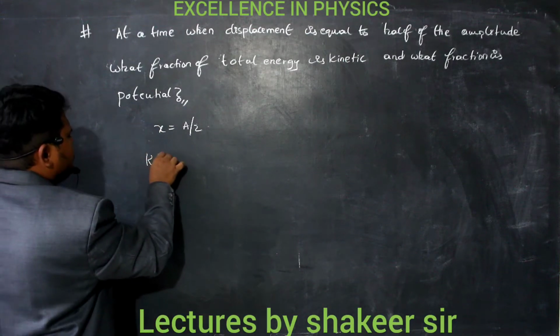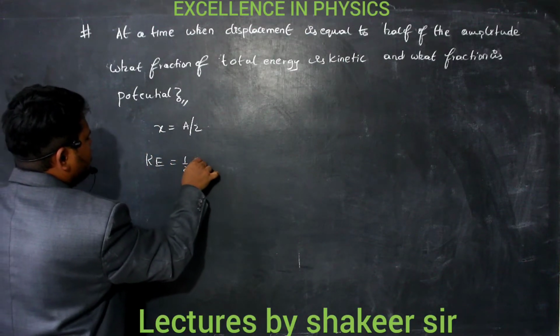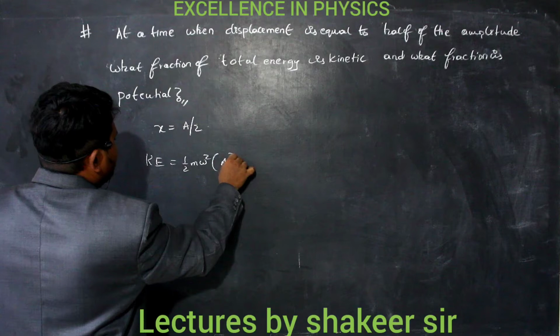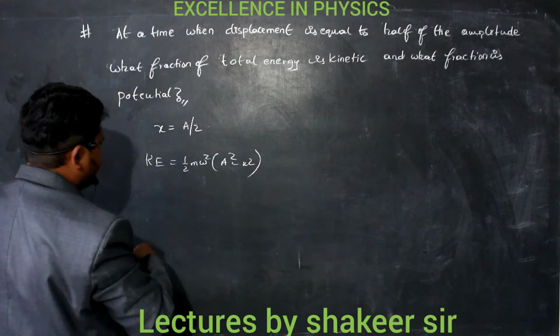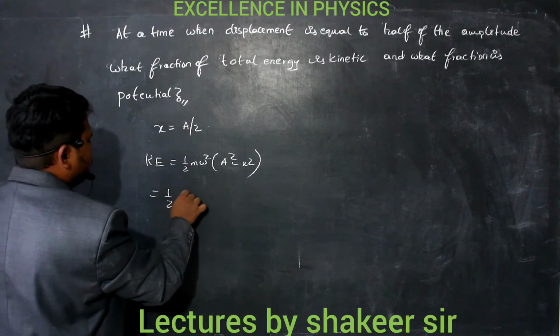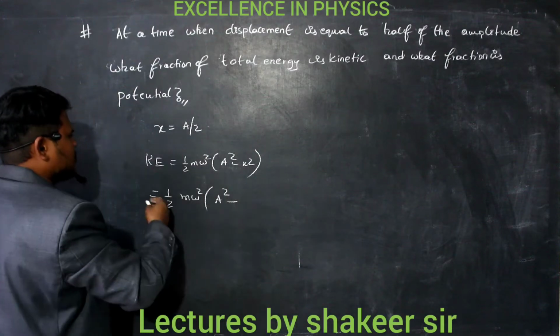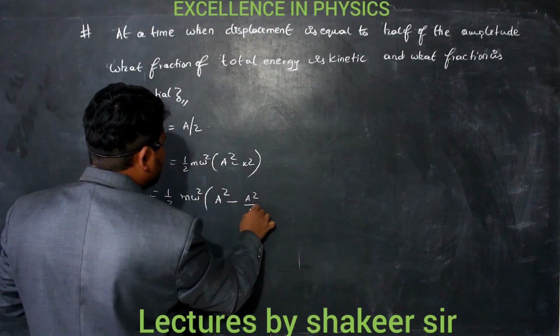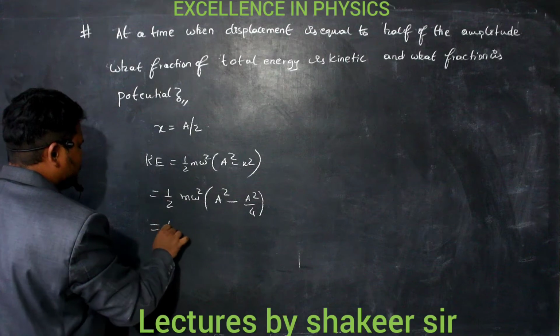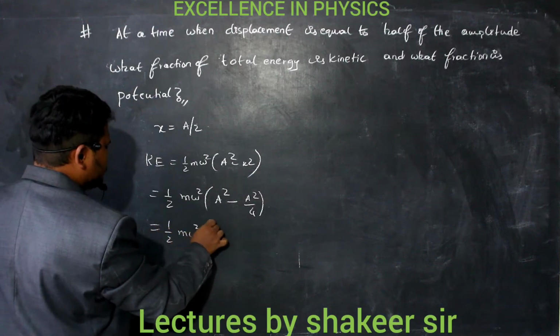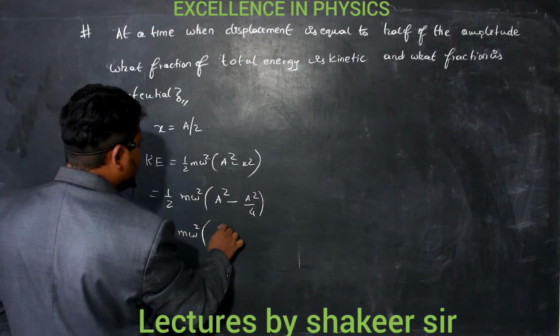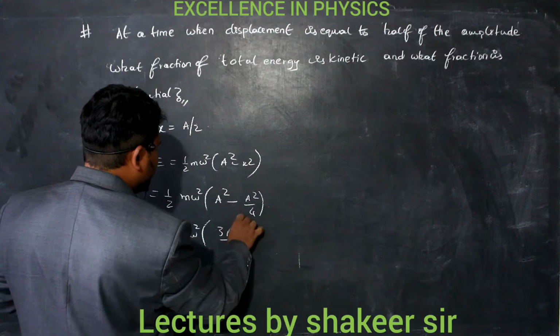So kinetic energy, how can I calculate? Half m omega square into a square minus x square. Instead of x, what can I write? I can write a square divided by 4. So half m omega square into 3a square divided by 4.